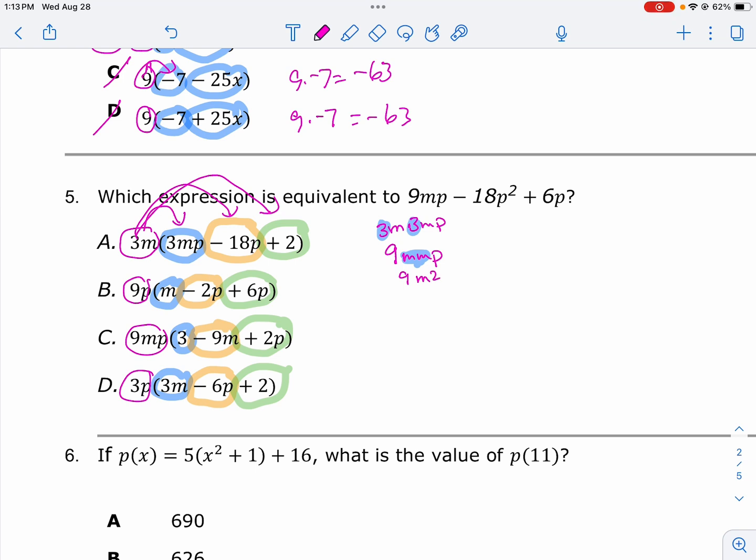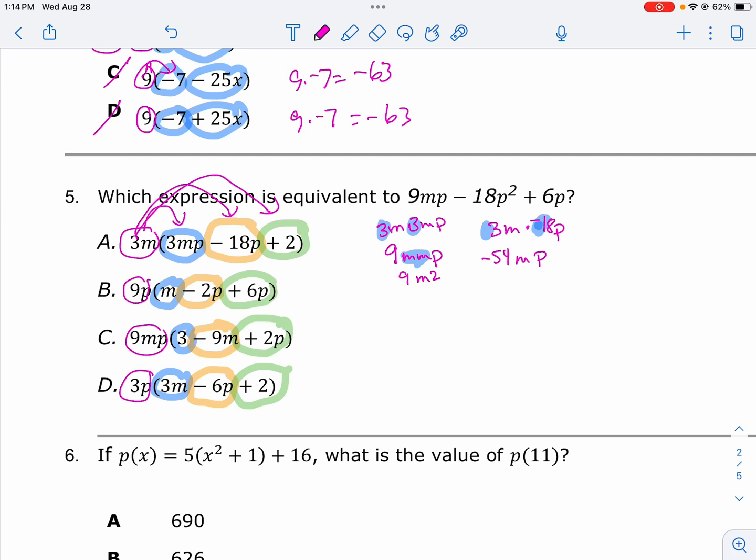Then I'm going to move on to the 3M times negative 18P. Well, we're really multiplying 3 times negative 18, which is negative 54. And then you have an M and a P. And we're done with that one, okay?